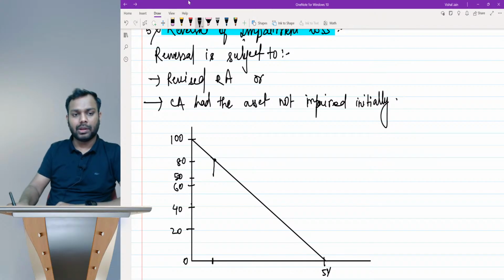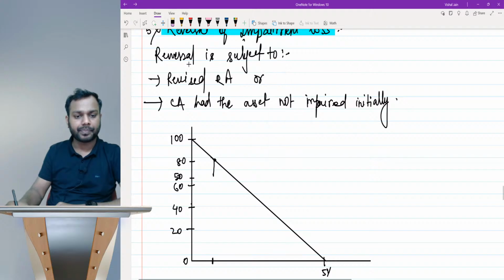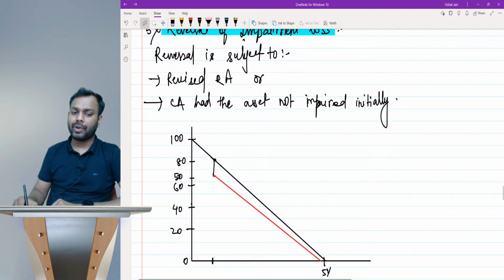Now what will happen? It will move like this definitely. Let me take a red pen. From here, definitely it will move like this now.